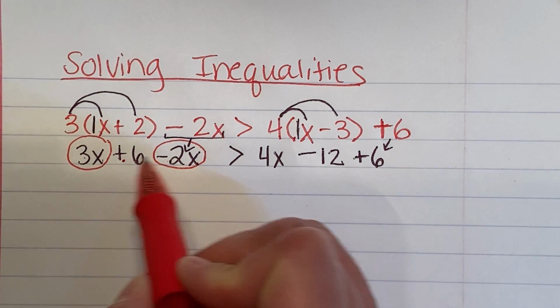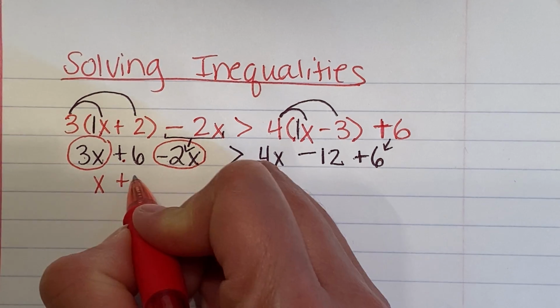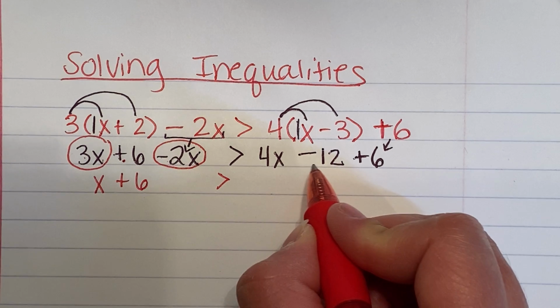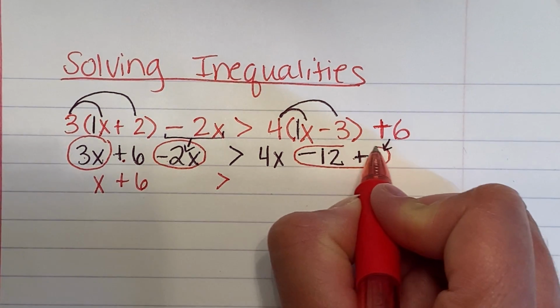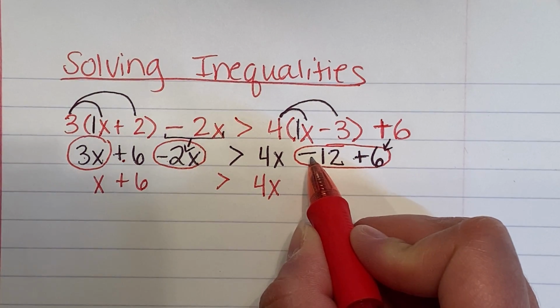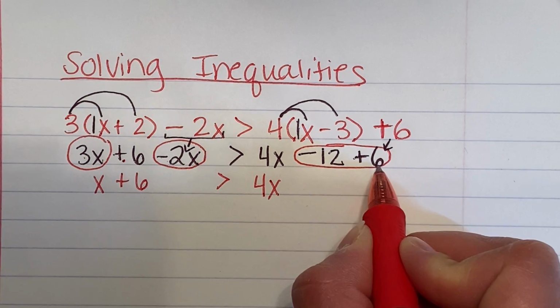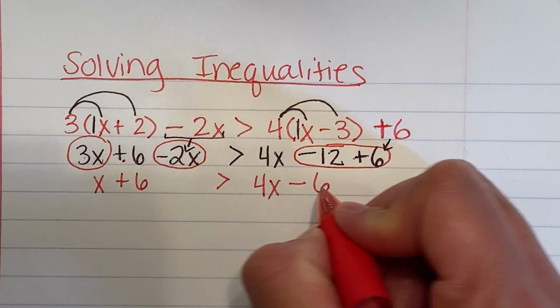So I'm going to take 3x minus 2x, 1x. Then I'm going to bring down my plus 6. I keep my symbol. Here, when I look at this, I can't combine my x's, but I can combine these constants here. So I'm going to bring down my 4x, and then I'm going to take negative 12 plus 6. Again, same side, same sign. So negative 12 plus 6 is a negative 6.